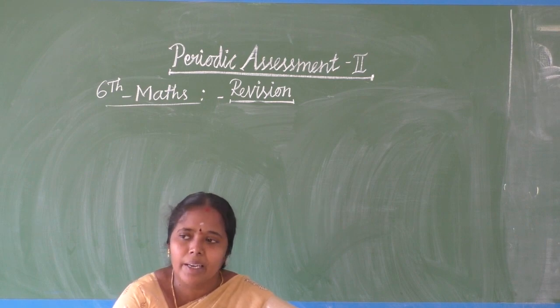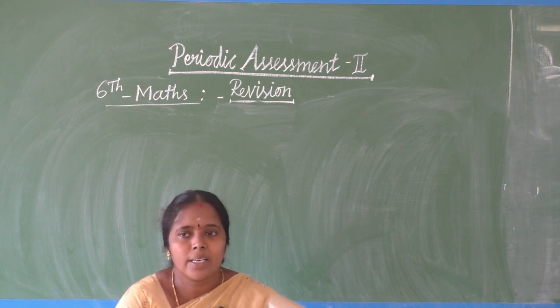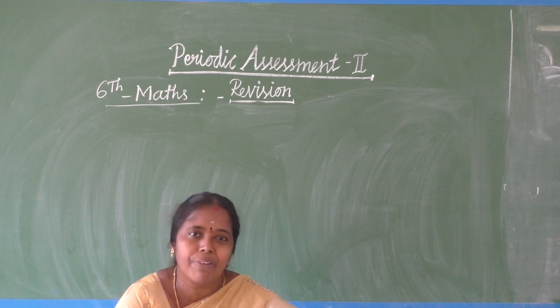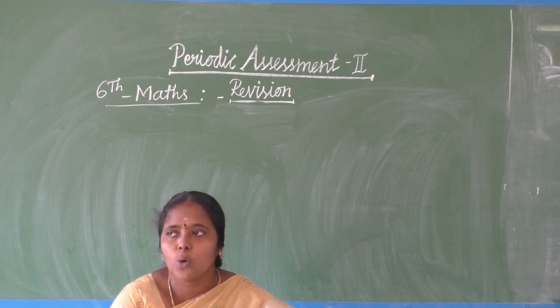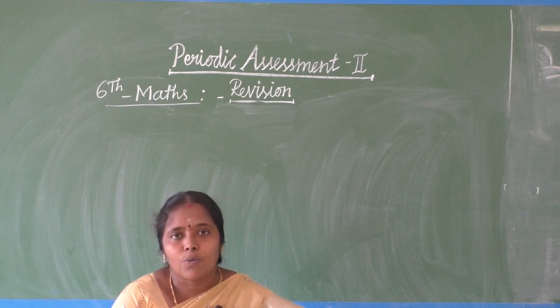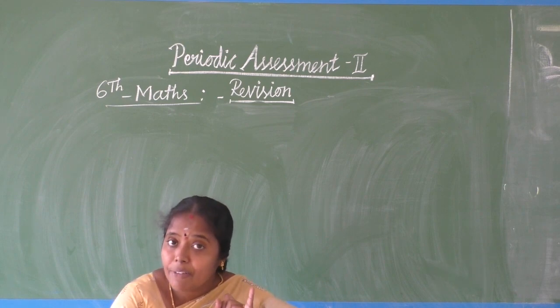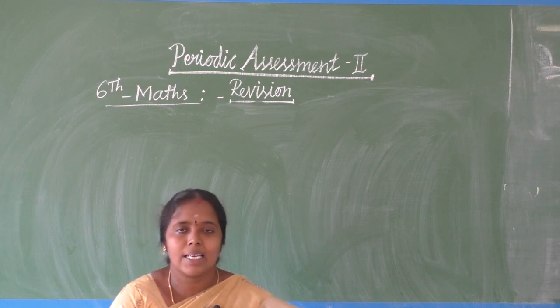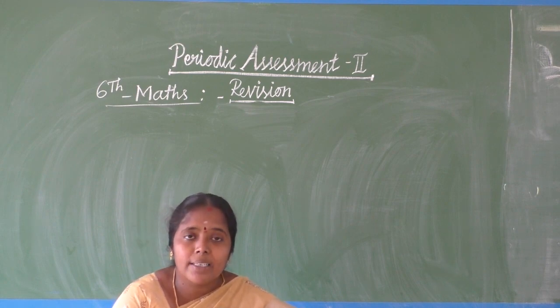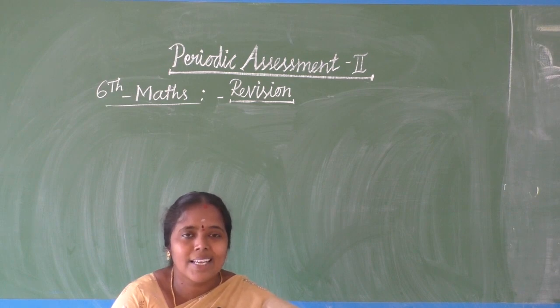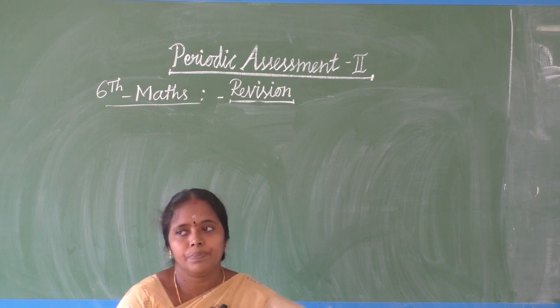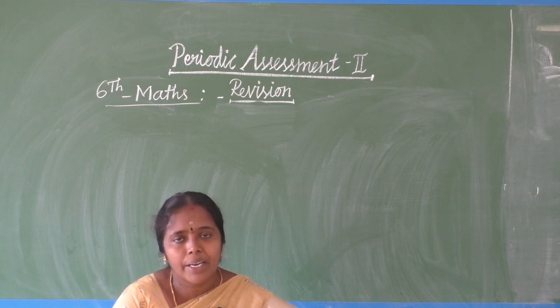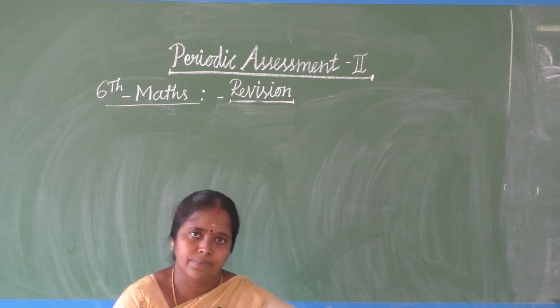Factors of any number are always finite. Every number has limited factors only. So about factors, we have discussed: 1 is a factor of every number, every number is a factor of itself, the values of factors are always less than or equal to that number, and factors of any number are finite.